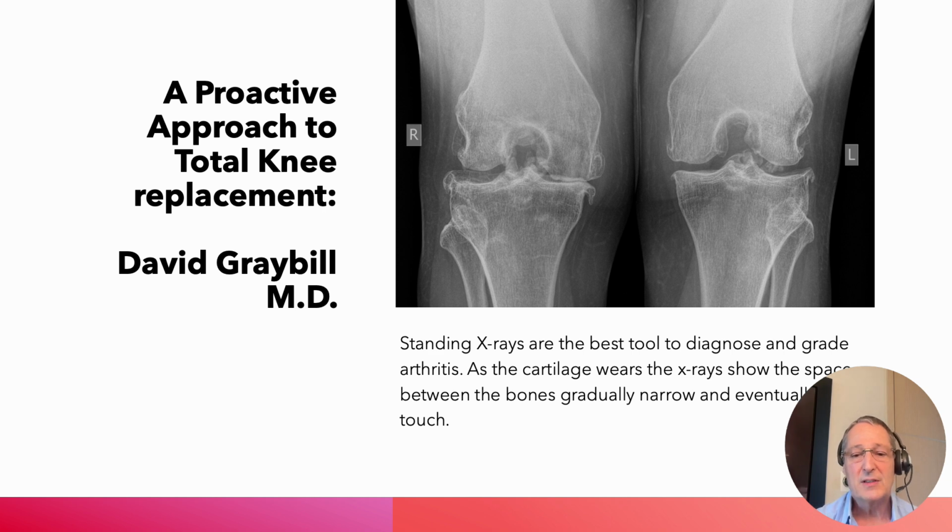So here is an x-ray of a knee. Standing knee x-rays are the main tool we use to evaluate, grade, and follow knee arthritis. The clear space you see between the bones on the x-ray on your right, which is the left knee, labeled L, is the thickness of articular cartilage.